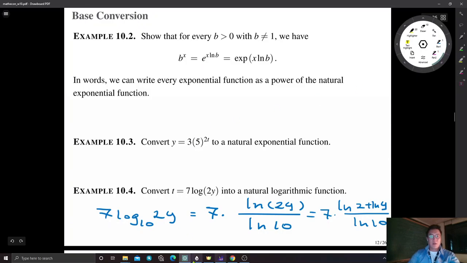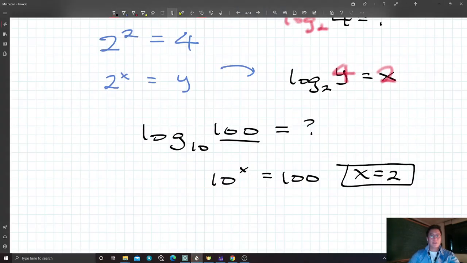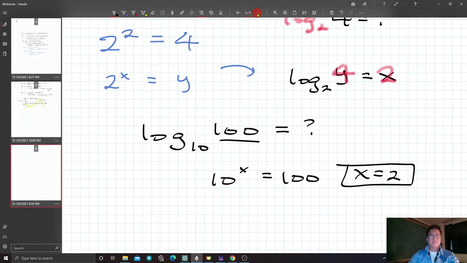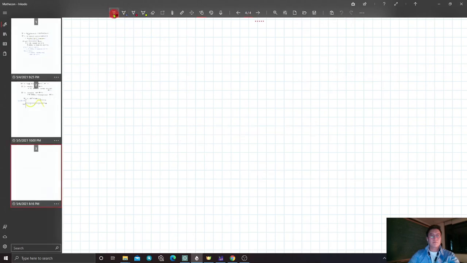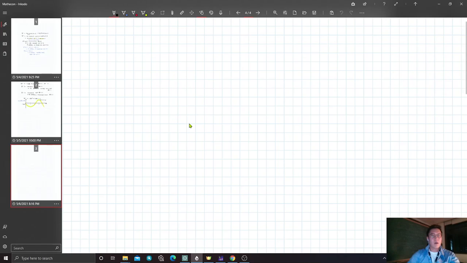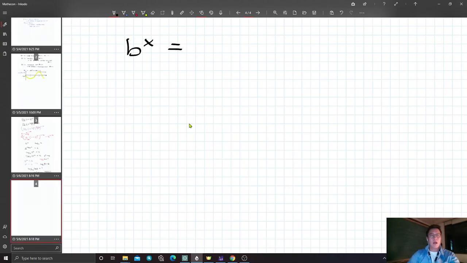Because think about b to the power x. That is equal to, say, because e to the ln x is equal to x, right?